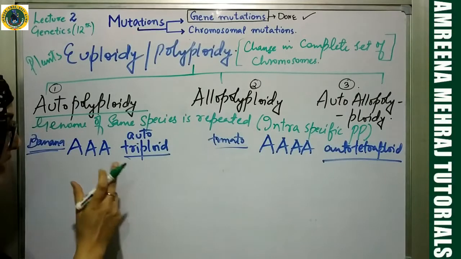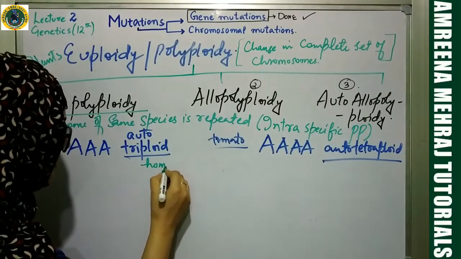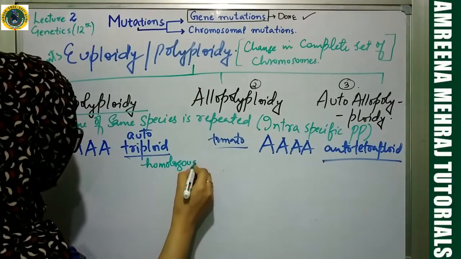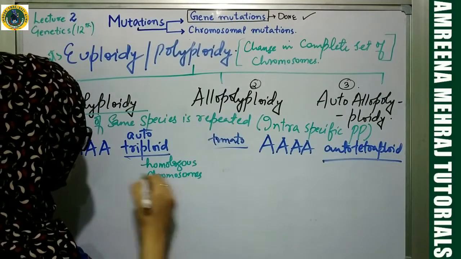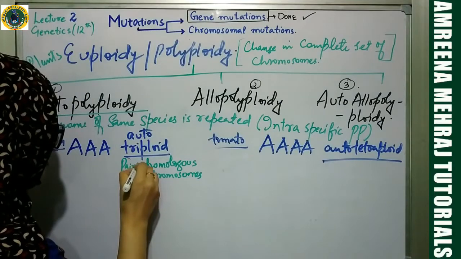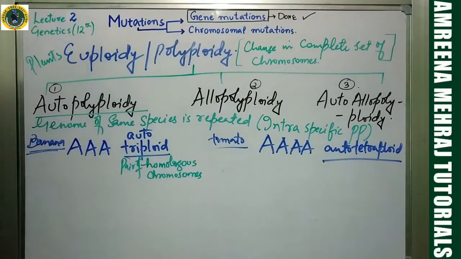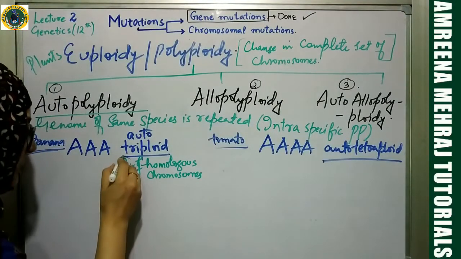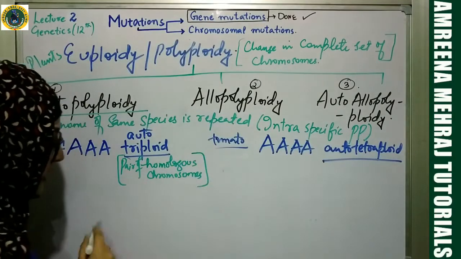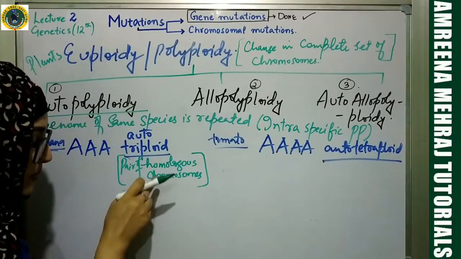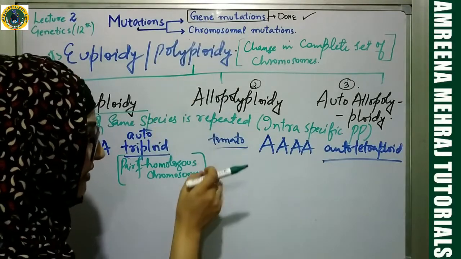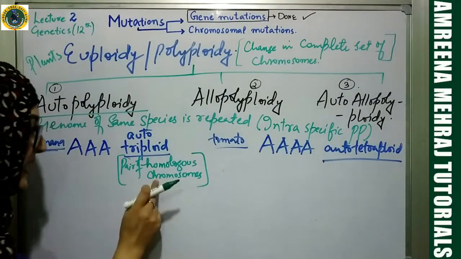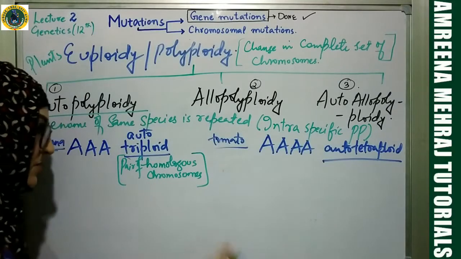During meiosis, what is very important is the pair of homologous chromosomes, because during meiosis, this pair of homologous chromosomes undergoes pairing, and then you have disjunction. If this pairing of chromosomes is not possible, meiosis is not possible.